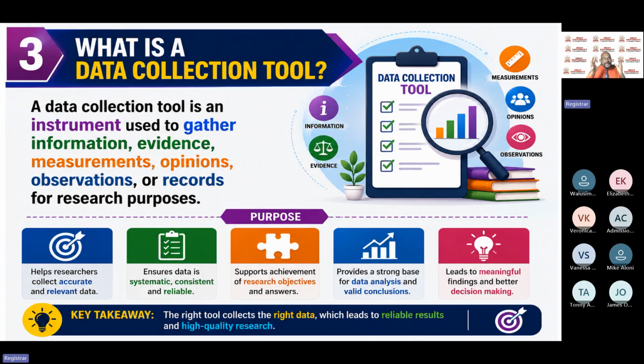To sum up, it is almost the same thing I told you about the sample, but in the sample we are trying to see what forms the cross section of your population that can be used to generalize. And in data collection, we see how we will get the evidence from that sample, isn't it? This is why we use a data collection tool.